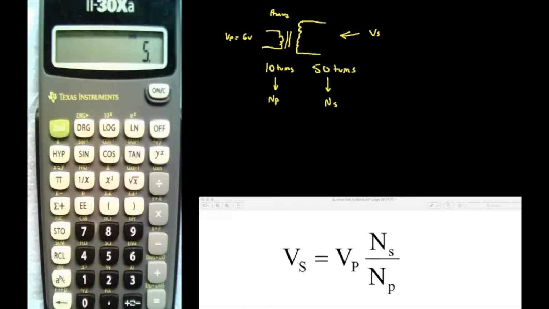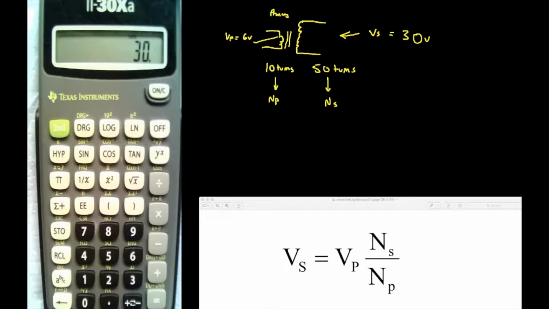Keep things simple. So our turns ratio is 5. And now I'm going to multiply that by Vp. Vp is 6. I'm going to say times 6 equals, and then on the output, Vs equals 30 volts. Simple as that.